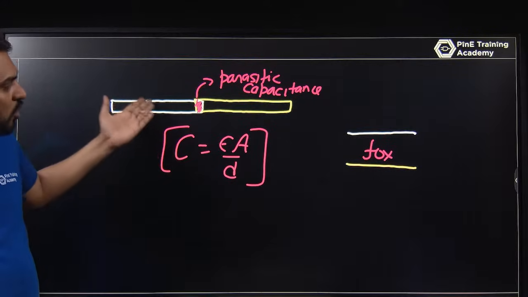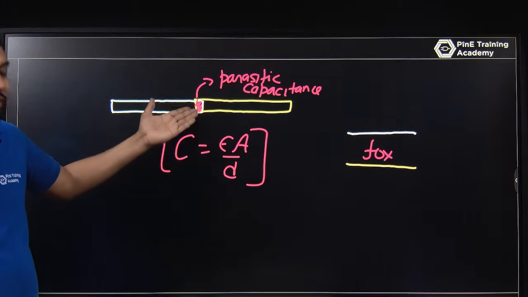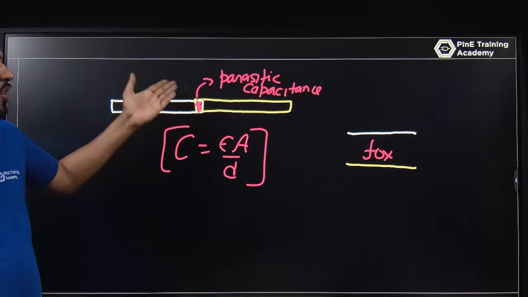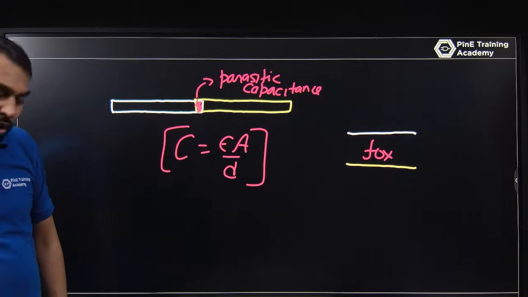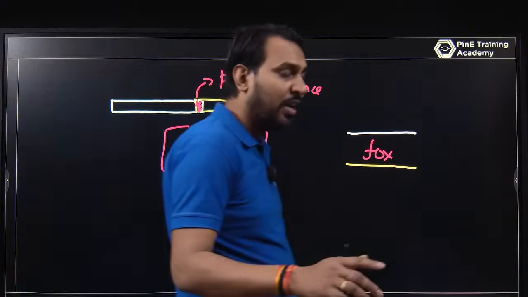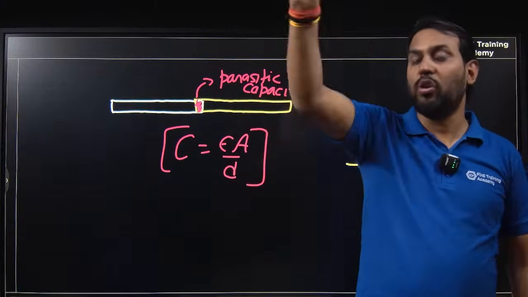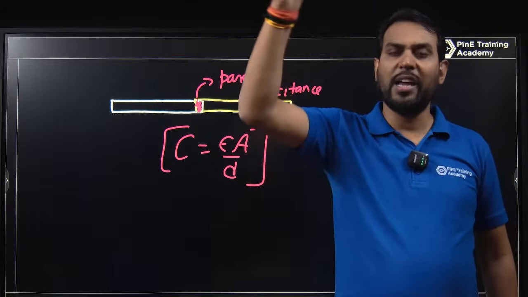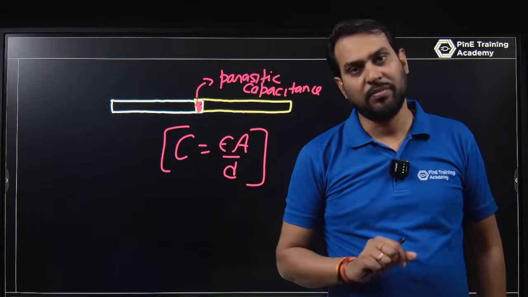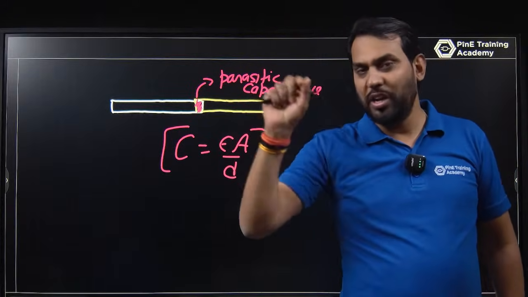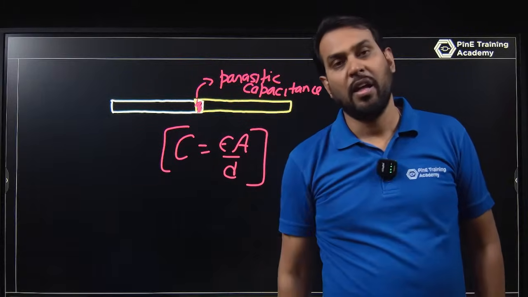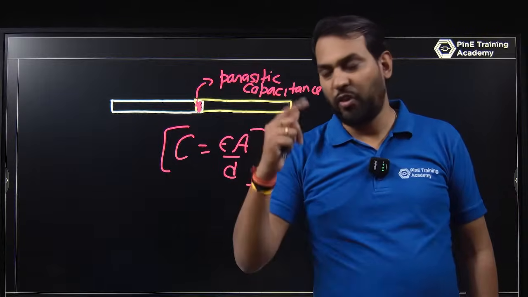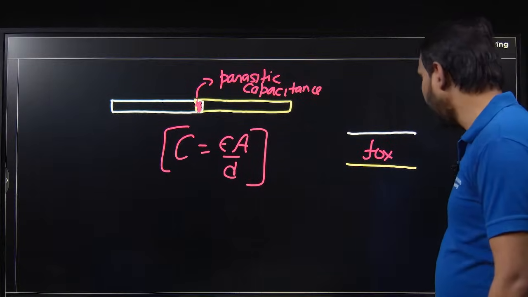Why is it happening? Because two metals have a field oxide between them, and of course it will form a capacitor. So in a network, everywhere you have a node, just think in layout terms, it has a capacitance. If you have a node in your analog circuit design, in the layout there will be a parasitic capacitance.